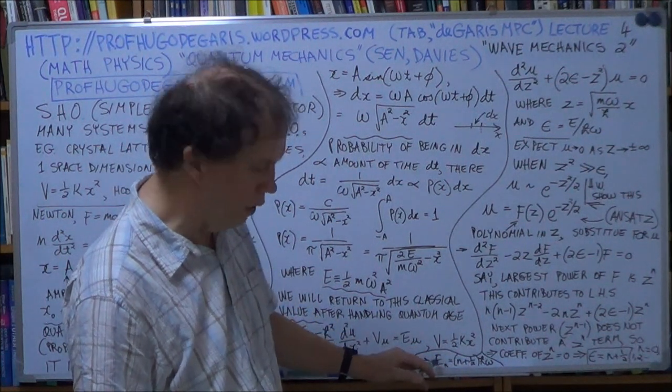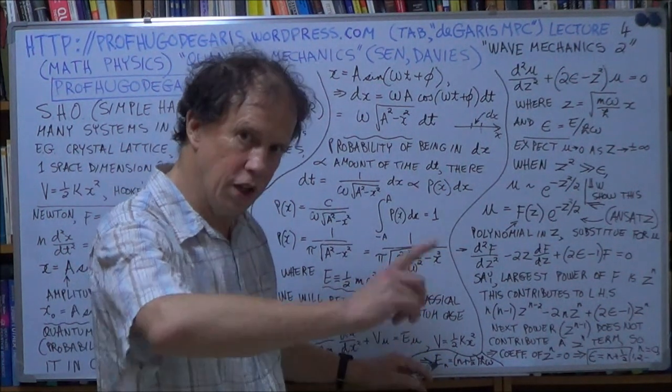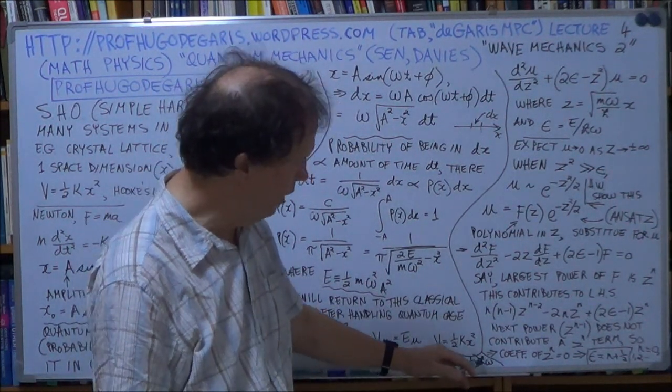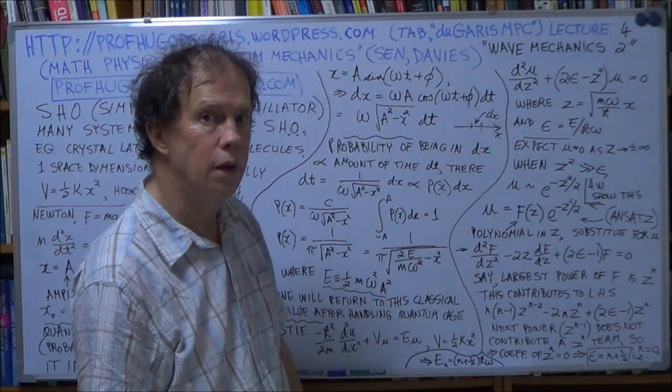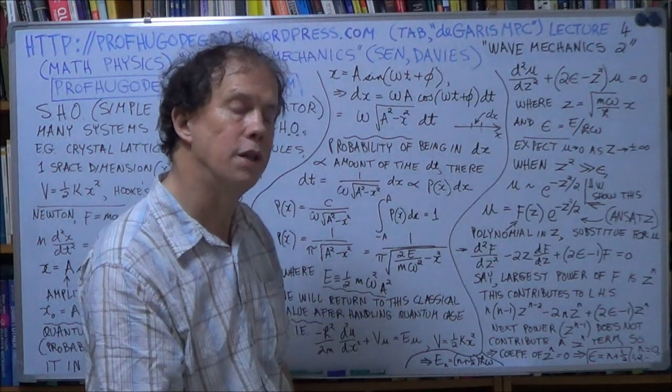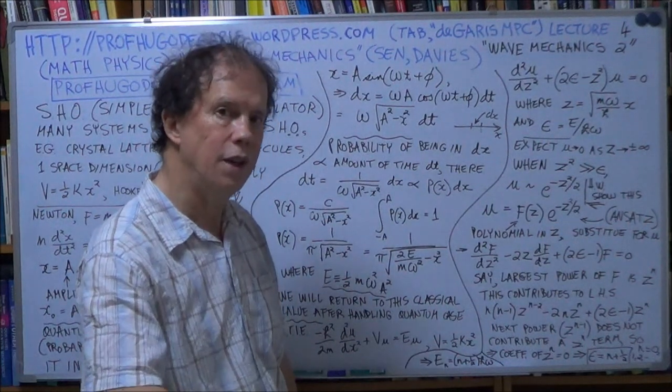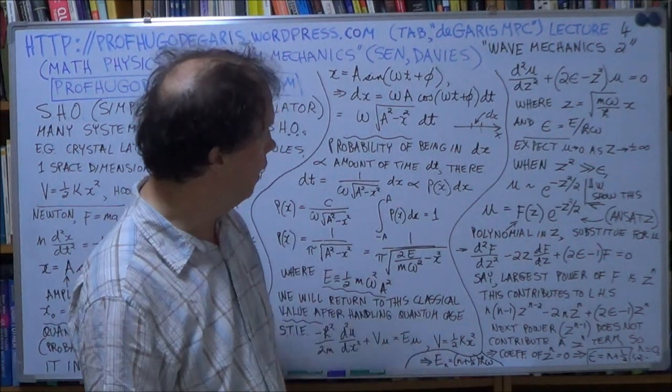Then the lowest oscillation energy your oscillator can have is half h bar omega, which is not 0. So there's a lowest energy, a ground state energy, that the oscillator can have.